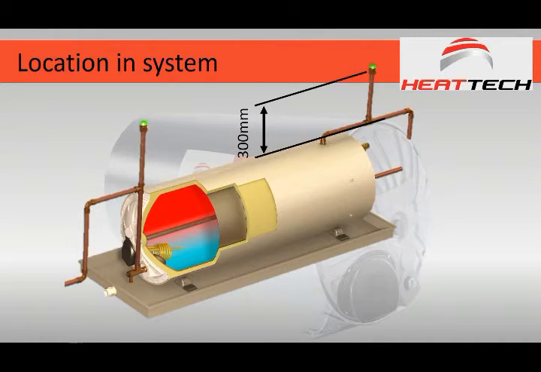But the question is, why must it be 300 millimeters? And here it is, guys. It explains that a vacuum breaker needs a certain amount of air to open up that spring, and that amount, as Herman says, is 0.3 kPa. And that is why it's on a 300 millimeter riser.